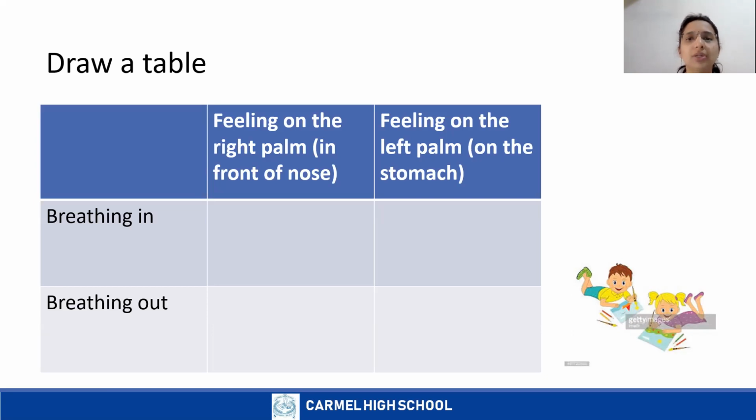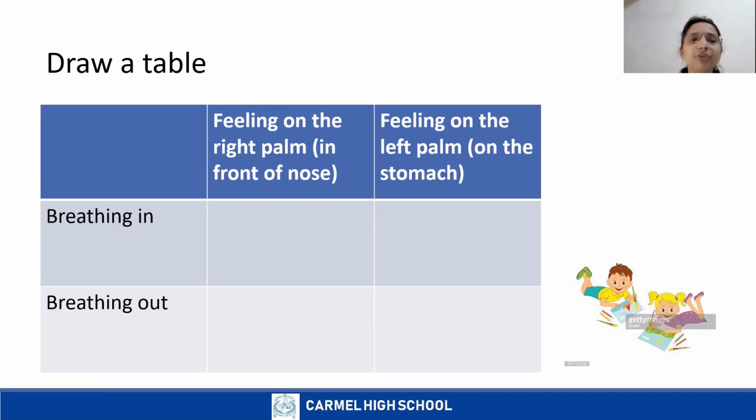Okay, now keep the book aside and pencil. Now what we have to do, as we are going to see here, feeling on the right palm. You have to keep your right palm, right hand like this, in front of your nose. And left palm, you have to keep it on your stomach. Come on, everyone. Keep your right palm in front of the nose and left palm on your stomach. All of you have kept?